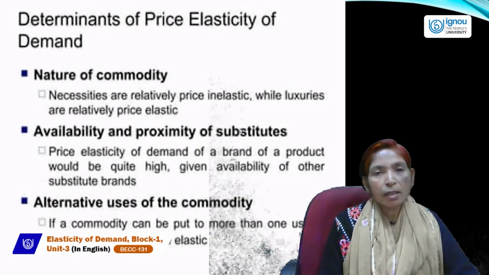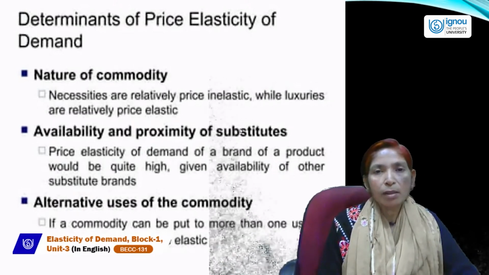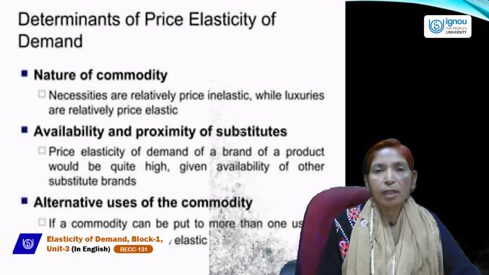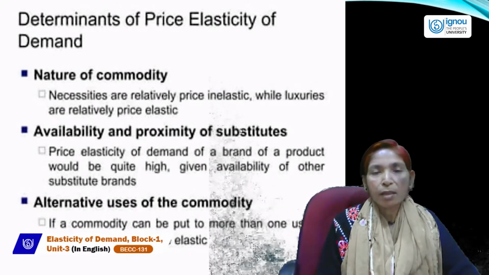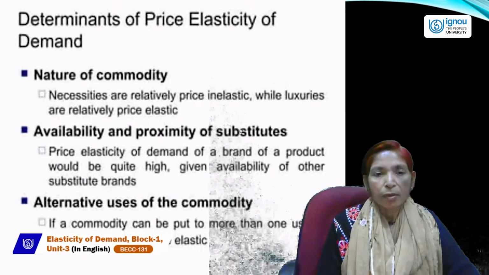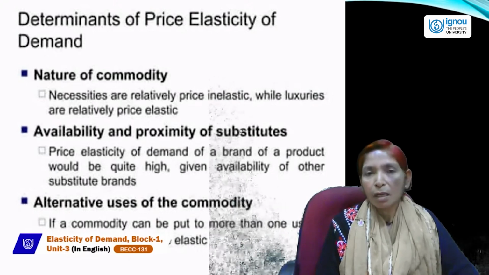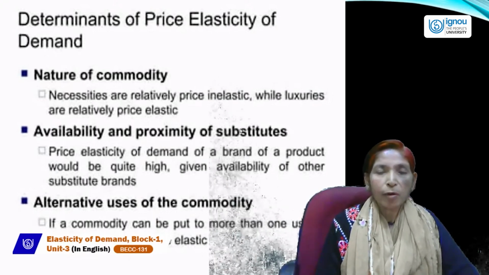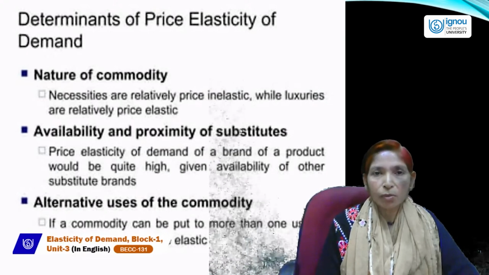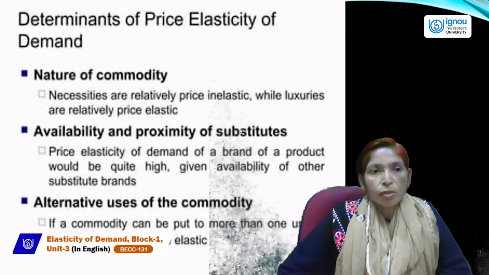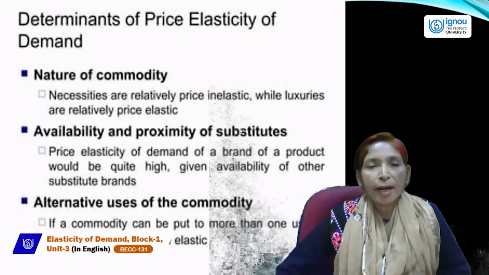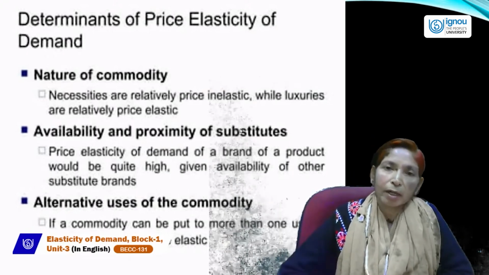Nature of the commodity tells us that the product may be necessary, normal, inferior, or luxury. If the product is necessary, then demand will be inelastic, and if the commodity is luxurious, then demand will be more elastic. So nature of commodity affects elasticity of demand.